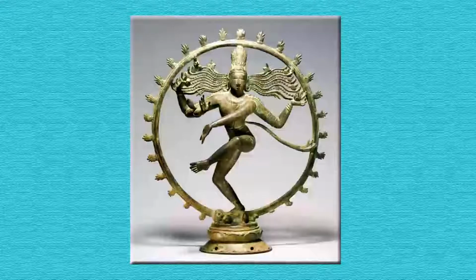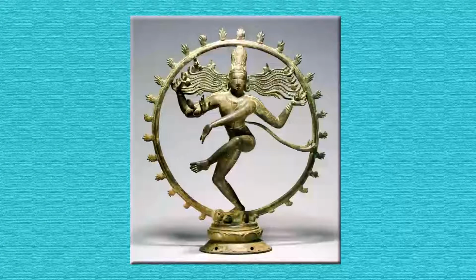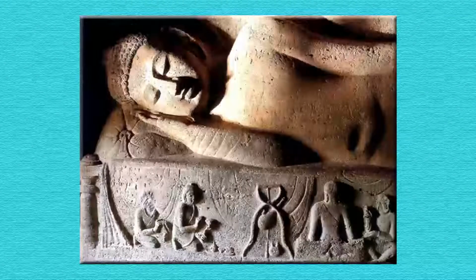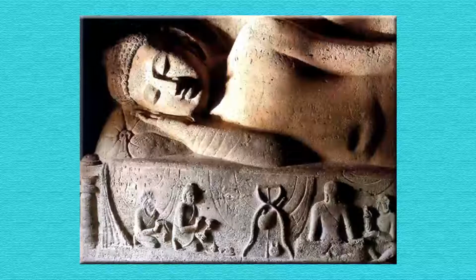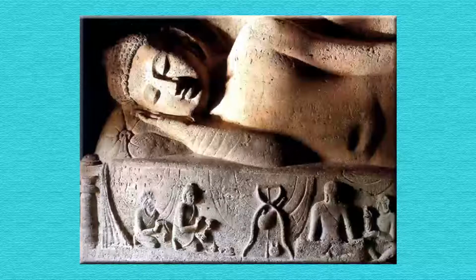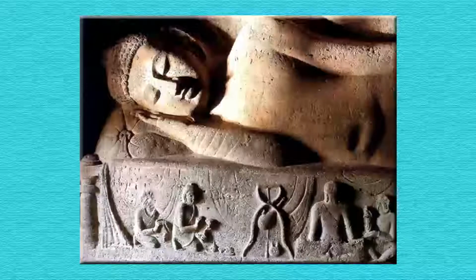As a result, you have what we call iconic images available in sculptural form. For example, this one, the image of a Ganesha made in stone, image of a Nataraj made in bronze, image of a Buddha, a reclining Buddha, which is terminologically known as Mahaparinirvana.